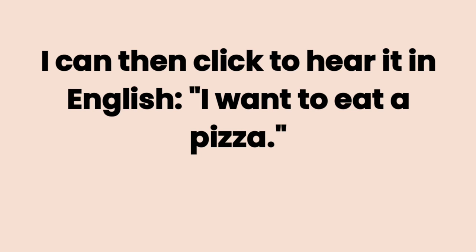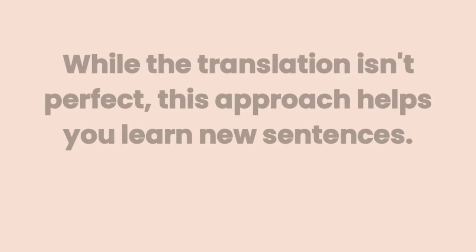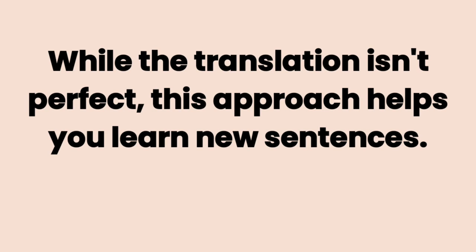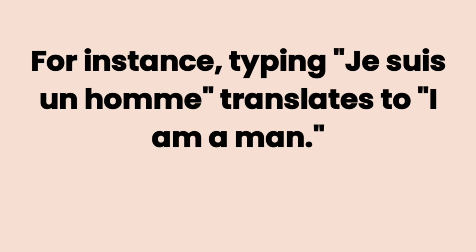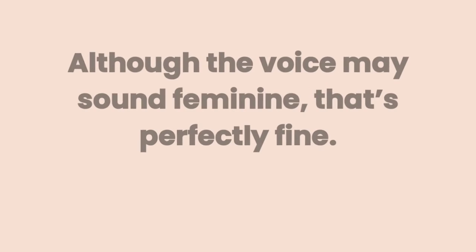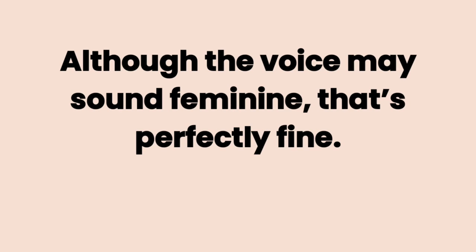I want to eat a pizza. While the translation isn't perfect, this approach helps you learn new sentences. For instance, typing "Ana rajul" translates to I am a man. Although the voice may sound feminine, that's perfectly fine.